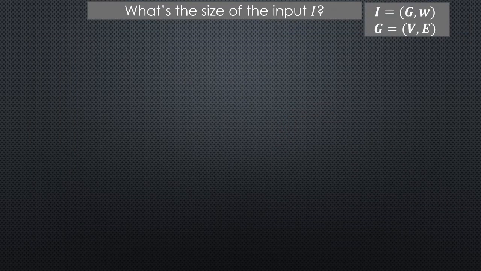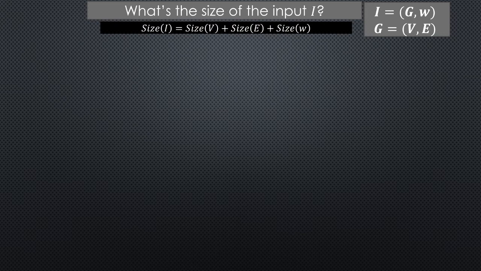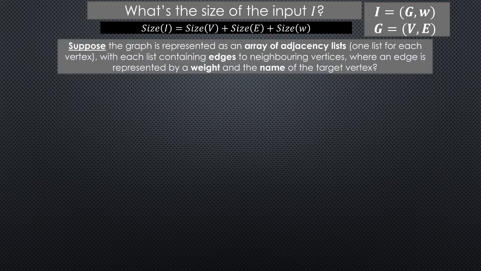So remember, the input consists of a graph and some weights, and the graph, of course, consists of vertices and edges. So really the size of the input is the size of the vertices plus the size of the edges plus the size of the weights. Now suppose the graph is represented as an array of adjacency lists. This is one list for each vertex, and each list contains edges to the neighboring vertices, where an edge is represented by not only the name of the target vertex.